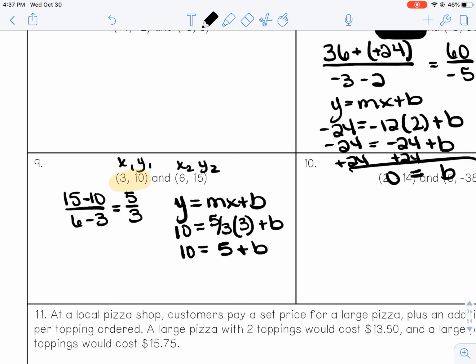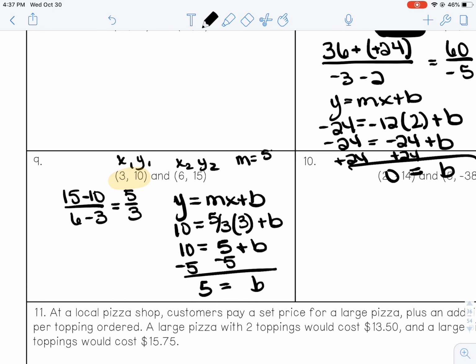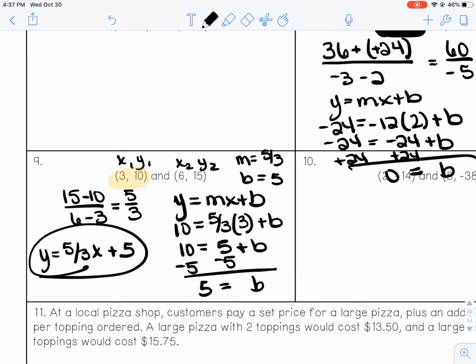Plus b, subtract 5 on each side, and b is equal to 5. Okay, so my slope is 5/3, my y-intercept is 5. So y equals 5/3 x plus 5.